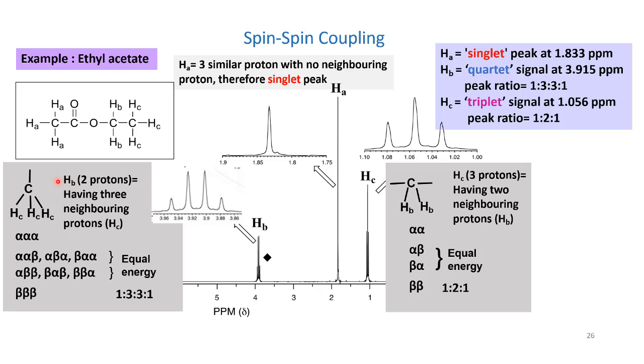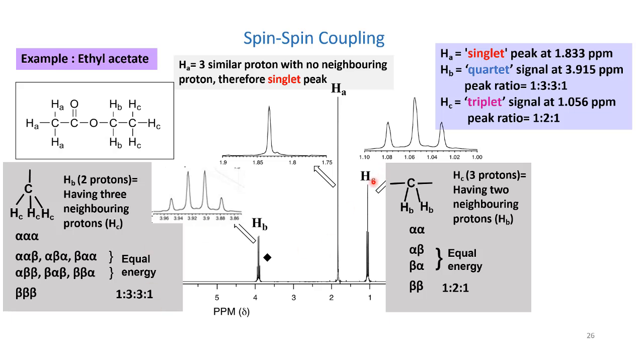So HB itself has two protons which are neighboring with the three protons of HC. So the signal will be alpha alpha alpha. Possibilities are alpha alpha alpha, alpha alpha beta, alpha beta alpha, beta alpha alpha. So these will have equal energy, then beta beta beta. So these will have peak intensity 1, then 3, 3, and 1.